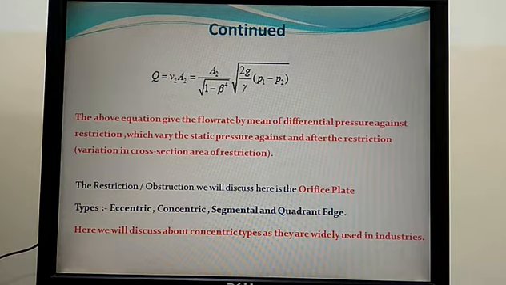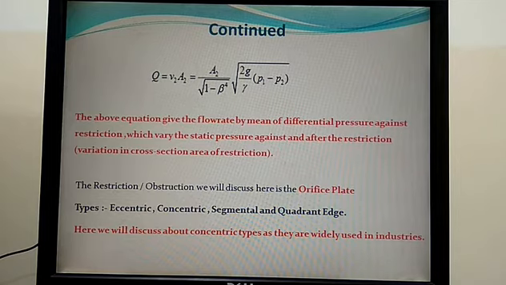The above equation gives the flow rate by means of differential pressure across a restriction, which varies the static pressure before and after the restriction, due to variation in cross-section area of the restriction.